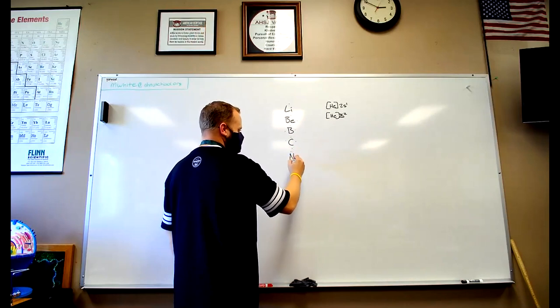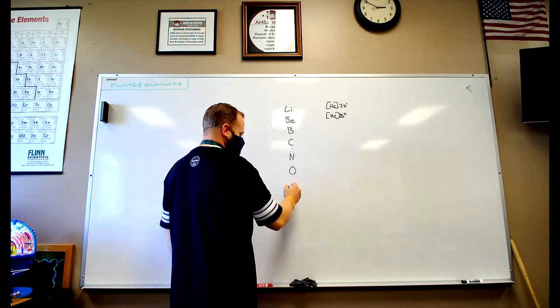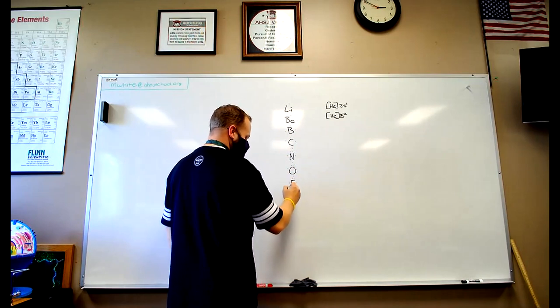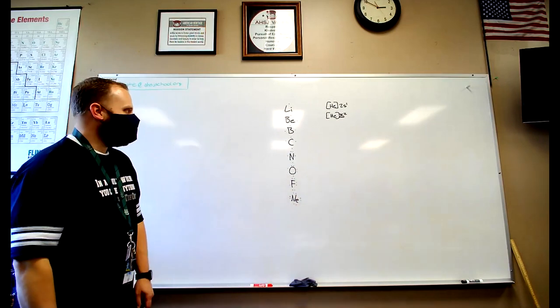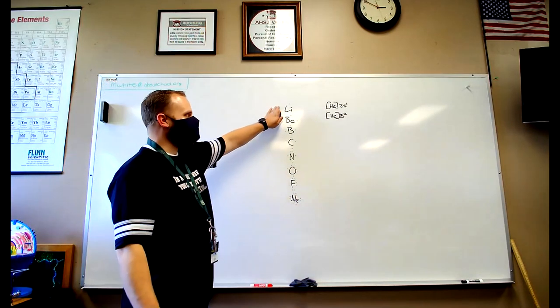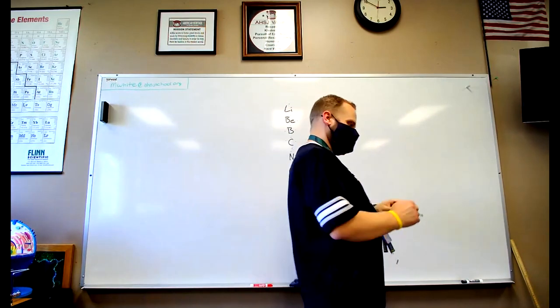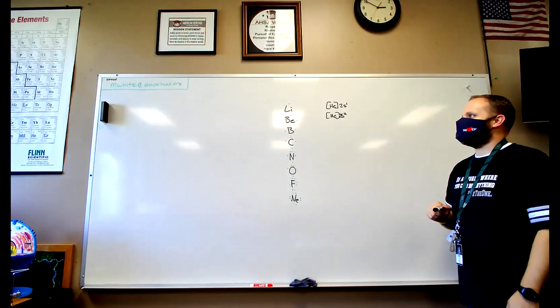Nitrogen, 5. Oxygen, fluorine, and then neon. So now lithium has more than one electron, but it only has one valence electron, and that's the one that we care about because that's the one that's going to react.